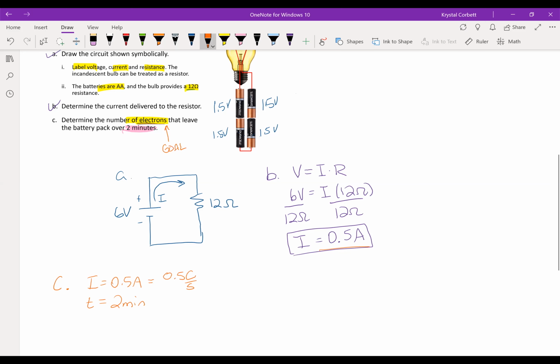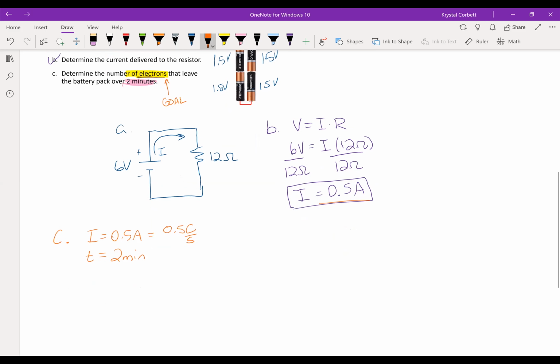When we write it as coulombs per second, that gives us a little bit more direction. I'm going to multiply that by the number of electrons per coulomb. So I have 6.24 times 10 to the 18 electrons for every 1 coulomb. Recall, we discussed that earlier when we broke down what a coulomb per second was and then what a coulomb was. So we can cancel out our coulombs.